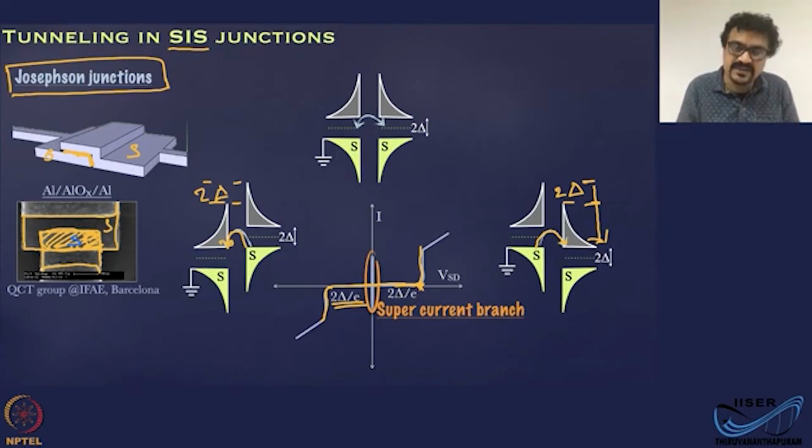In the previous case, when normal metal was involved, there was no current or no conduction at zero bias. But now what you are seeing is you have a finite current flowing through at zero bias, and let's focus on what happens at zero bias. Okay.